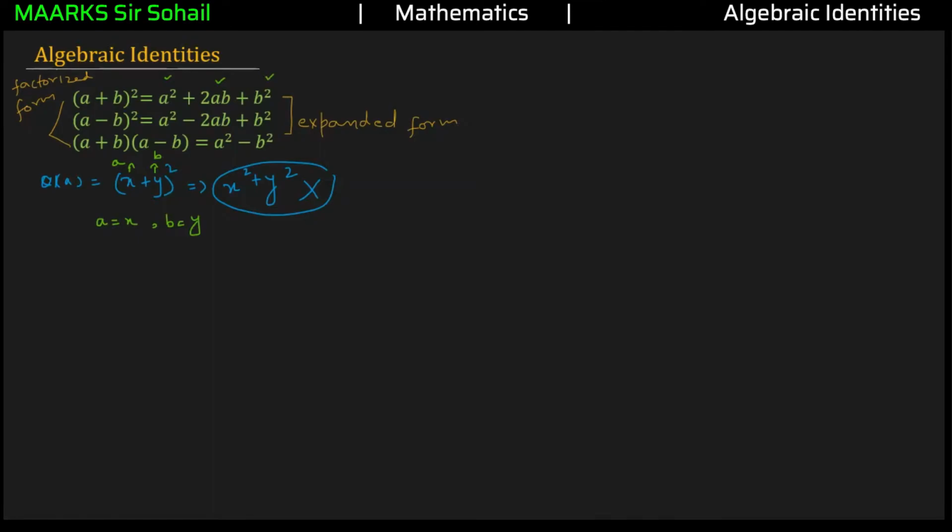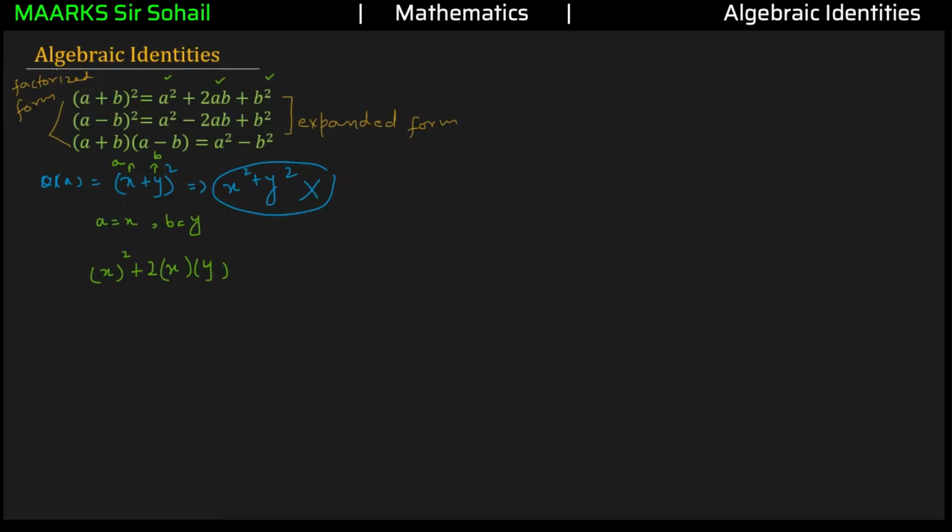So first I want to write the a square, so I'll put the bracket. My a is x here according to this question, so I'll write x here and I'll write square on it, then plus 2ab, this term. So 2, a is x here and b is y.